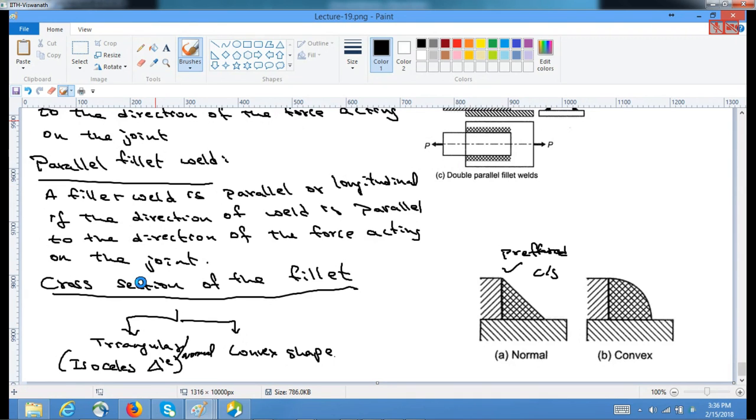So with this, we will stop here today, and in tomorrow's class we will talk about the strength of the parallel fillet welds, the strength of the transverse fillet weld, and when you have welds subjected to torsion, welds subjected to bending, and other cases like eccentricity of a weld joint within the plane.